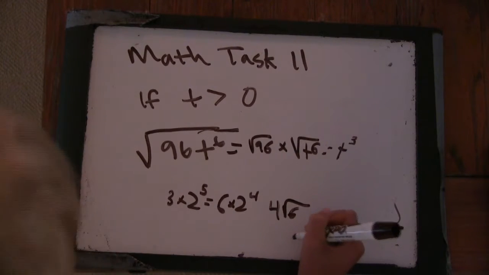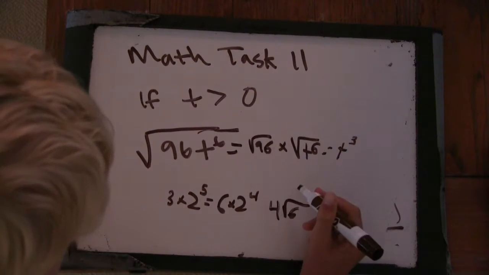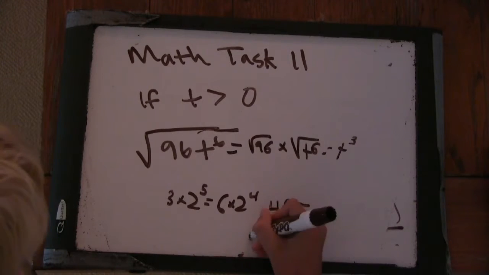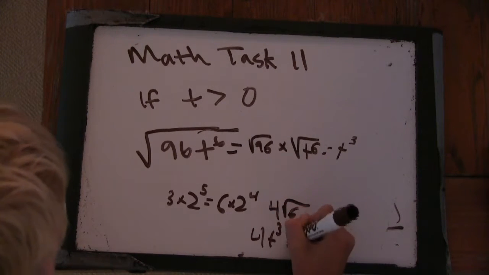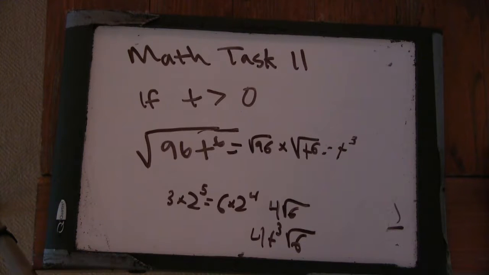And then if you multiply that by t cubed, you have 4t cubed times the square root of 6. Doesn't really look like there. 4t cubed times the square root of 6.